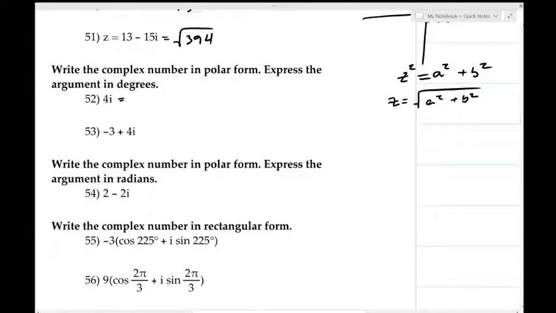Okay, number 52, we want to write the complex number in polar form and express the argument in degrees. So that means that 4i is the number that goes straight upwards, 4 units upwards.